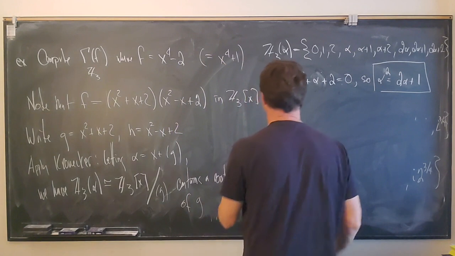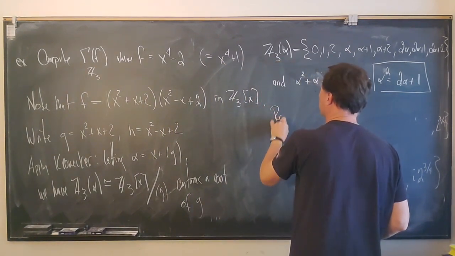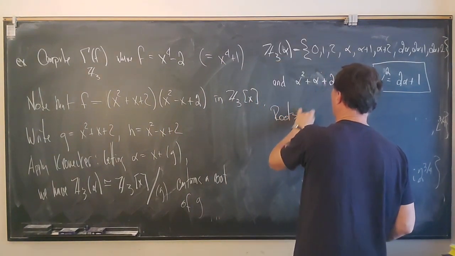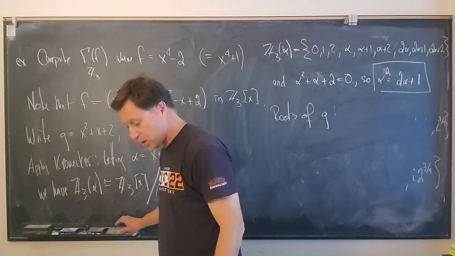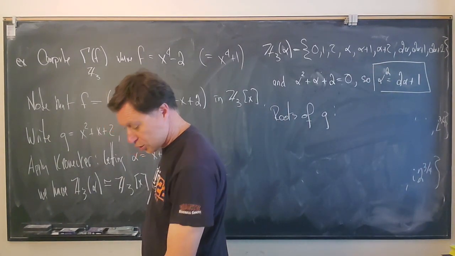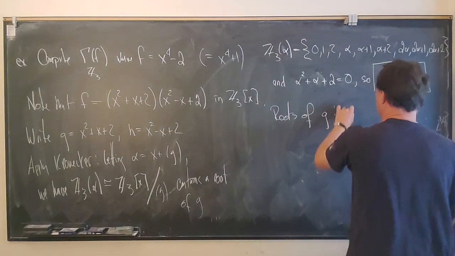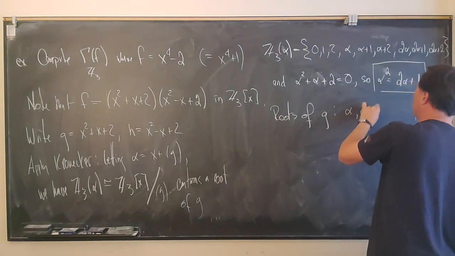So the roots of G, now, there are 2 of them. One of them is alpha, and the other one turns out to be 2 alpha plus 2.